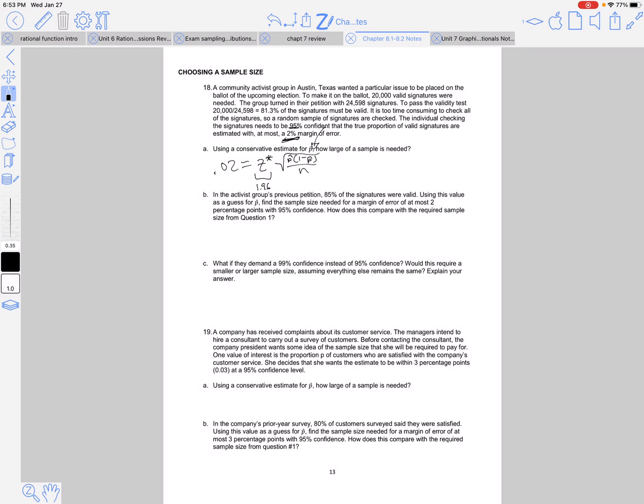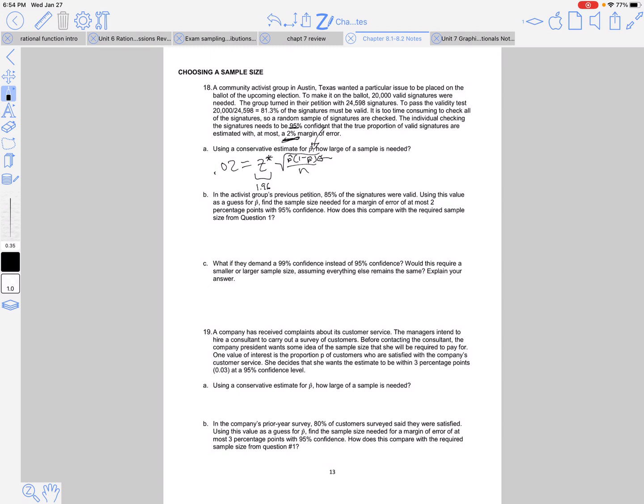What if our p-hat was 0.2? Then our 1 minus p-hat would be 0.8, which gives 0.16. That's bigger, so we don't want to use 0.1 because that would give us a really small value. 0.2 times 0.8 is getting bigger. Think of the worst p-hat we could possibly get.